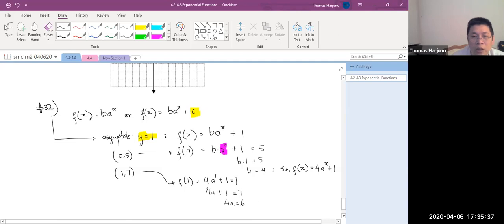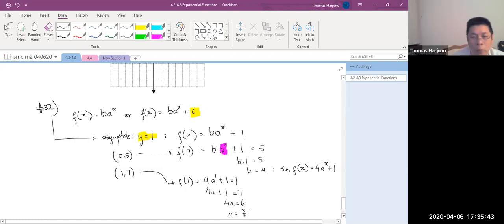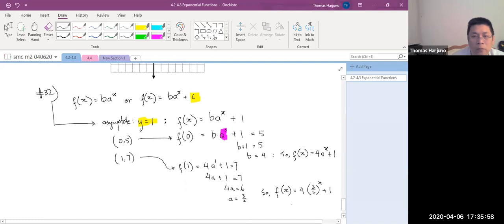Then a equals 3/2, or 1.5, right? 6 over 4, 3 over 2, 1.5. So our final function, we already get all a, b, c. So our f(x) now is 4 times (3/2) to the power of x, plus 1. That's the function.